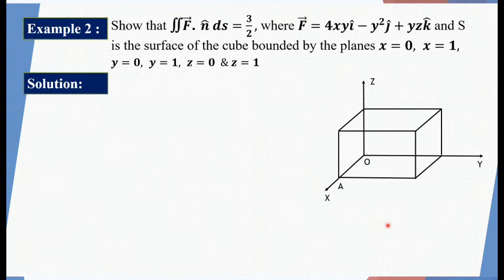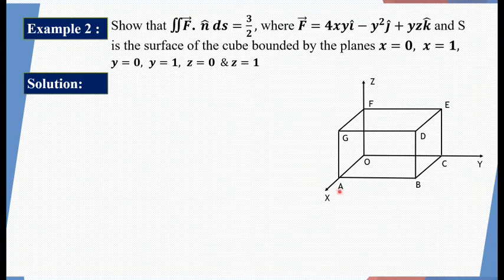So let the name be OABC for this surface, D, E, let it be F, and the last one is G.